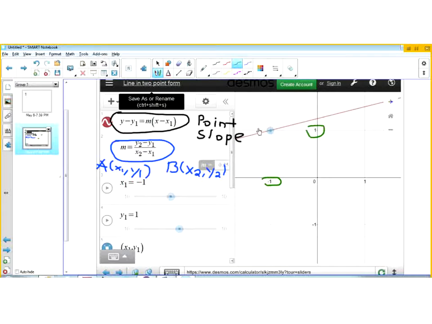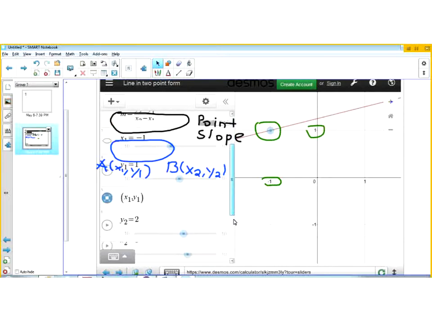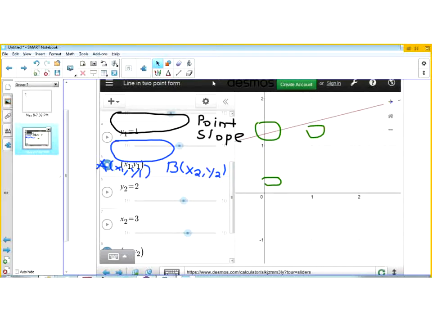So here's x sub 1, here's y sub 1, and here is the plotted point. Okay? And let's see if I can pan this graph. What do we have next for this particular example? We have x sub 2 equal to 3, so let's pan.